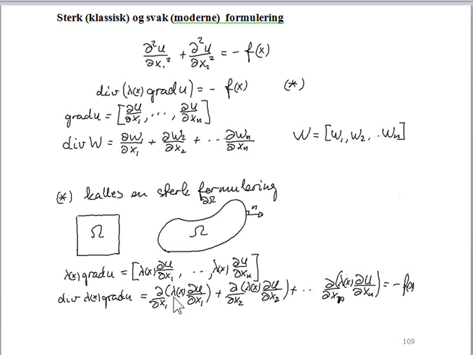And if lambda now is a constant, then we can take this constant in front here, and then we just obtain this equation with some constant lambda outside. And we can divide by this constant on both sides of the equation, and then we get something which is very close to this Poisson equation.